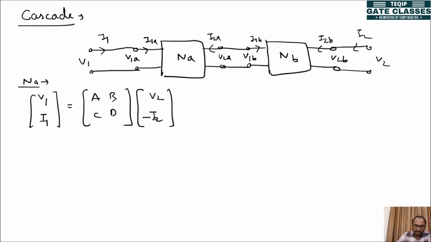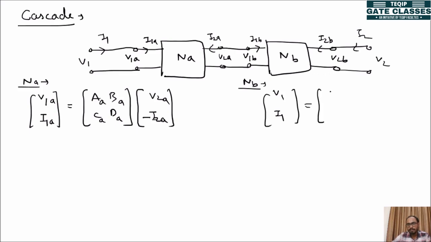And put A everywhere to denote that this is for network A. Similarly, for network B, you can write V1, I1 as a function of V2, minus I2 with ABCD. Here you must put B everywhere.